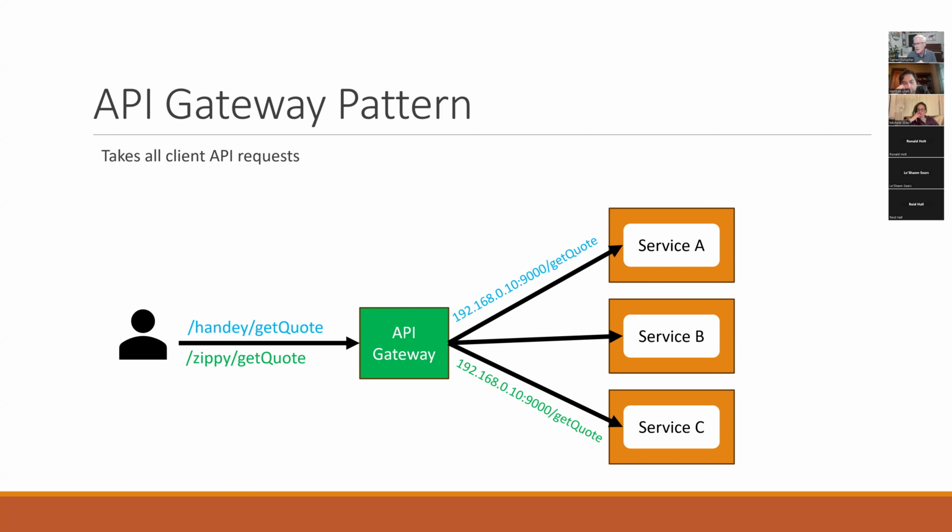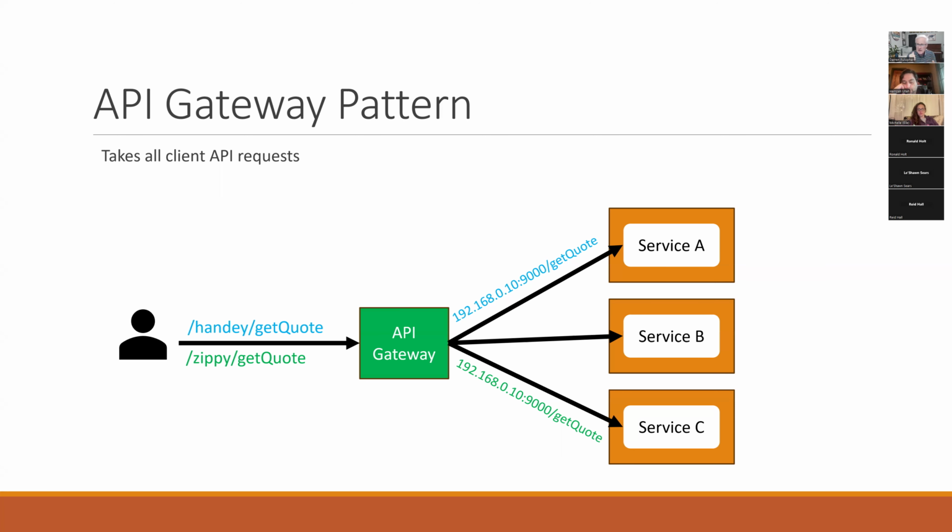When I hit the API gateway with that, it takes that URI that I send in and it says, oh, I know Handy Get Quote actually goes to service A. And I know that service A is at 192.168.0.10. Right? And I made a mistake there. That should be 0.11 or 12 on that bottom one, a different IP address.